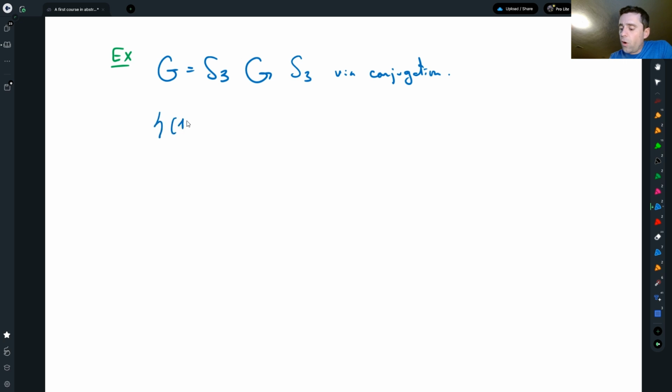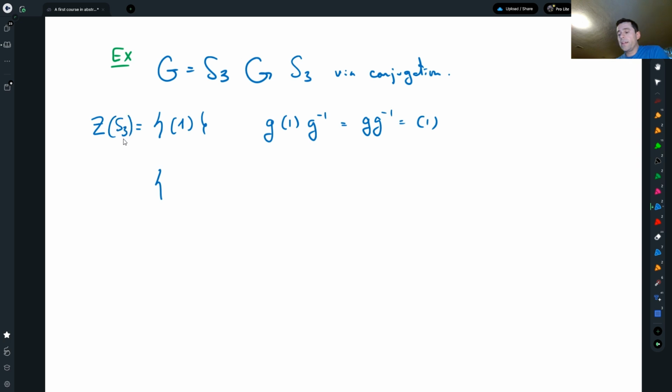There is the class of the identity. The identity under conjugation is always the identity. If I conjugate by anything in S3, I will get just the identity back. So there's only one element in that class. By the way, this is the only class of exactly one element, because that is the center. So the center of S3 is only the identity.